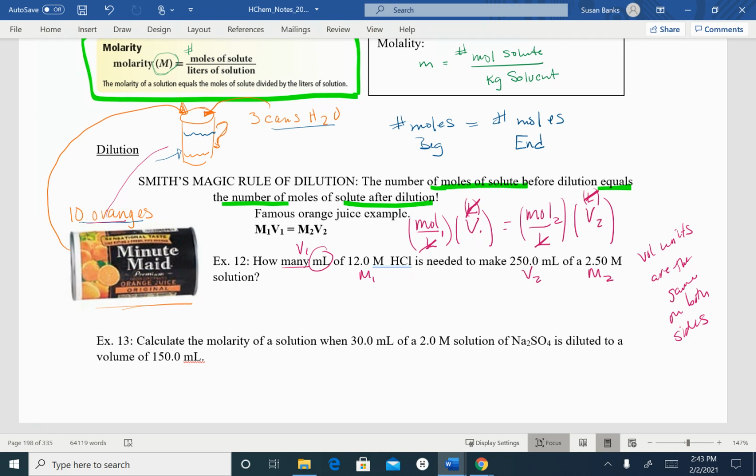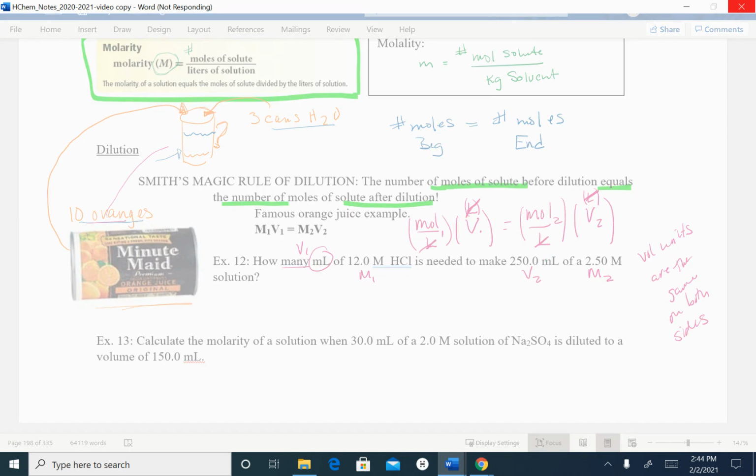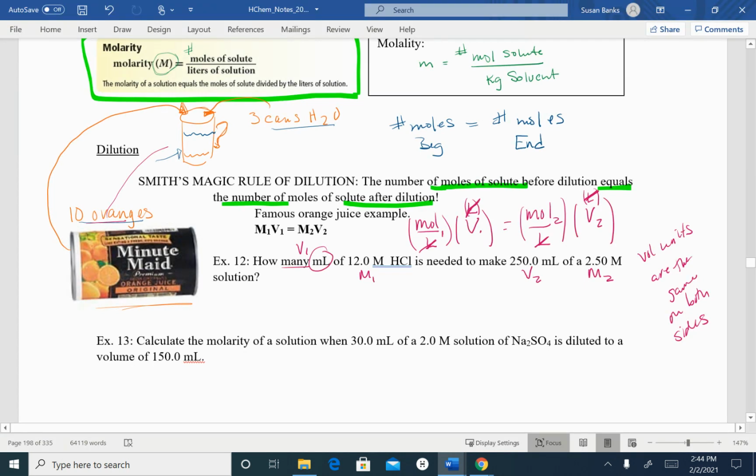So if I have mils, I can use mils on both sides. Even English systems, if I have cups on one side and cups on the other side, or teaspoons or tablespoons on both sides, I can use those units because they will cancel out. So there's really no need, because I'm looking at mils and I have mils here. There's no need to change those milliliters to liters. Absolutely no need whatsoever.